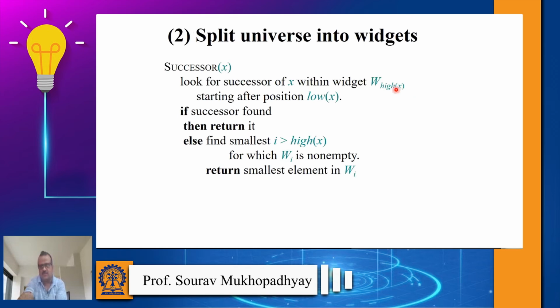So our widget is w of high of x, right? In that widget, we are looking for a 1 after x, I mean after this low of x, because low of x is the position of this x in that particular widget. So if a successor is found, we return it.